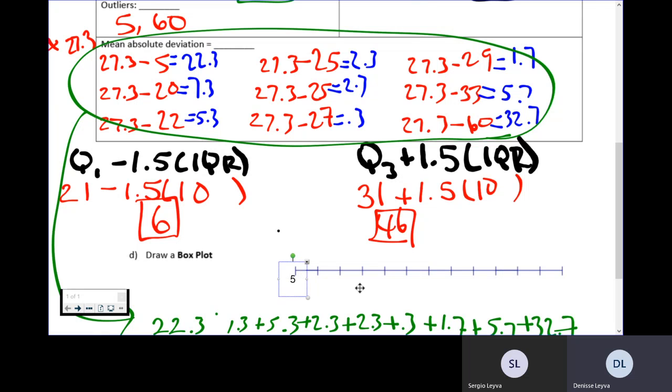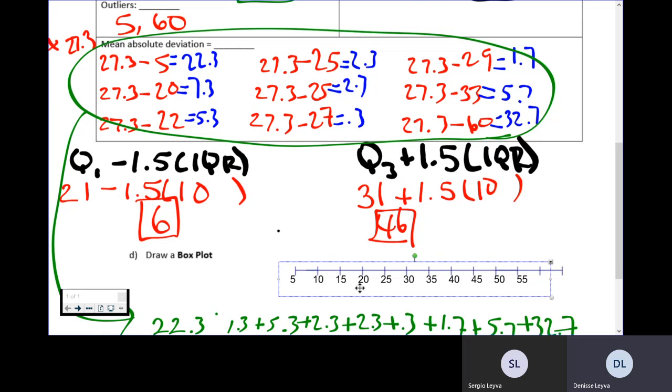So 5. So I can put here 10, 15, 20, 25, 30, 35, 40. Oh, that is not 40. It's 30, 40, 45, 50.